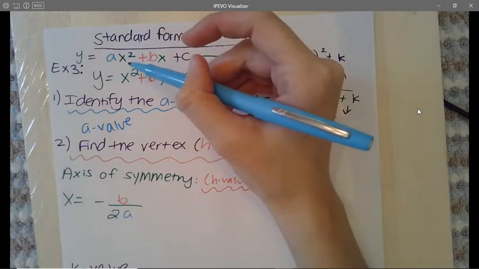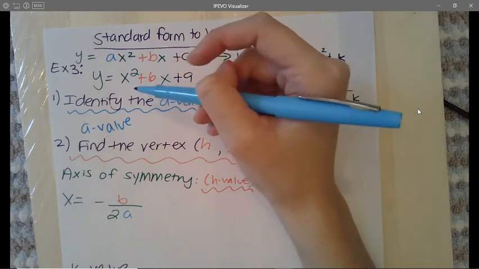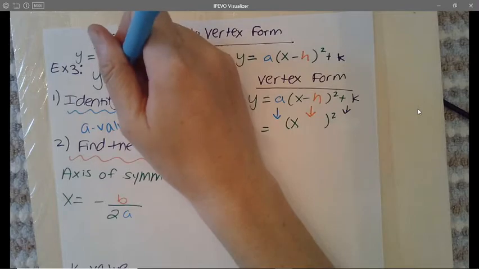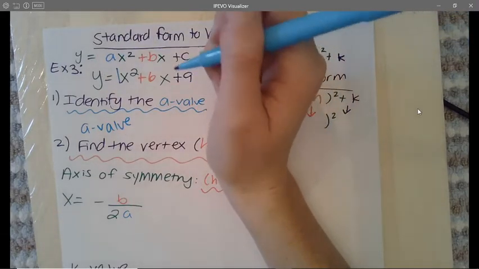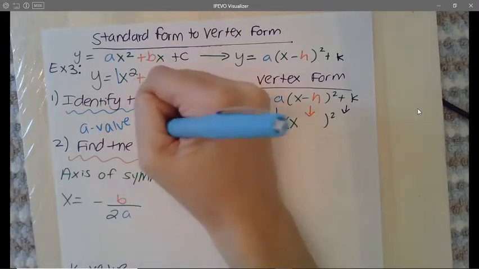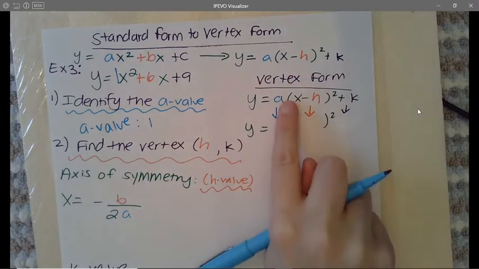If you don't see a number in front of the x squared, which currently I don't see one, remember there's a secret little ninja in front of it called 1. So my a value is 1, which means in vertex form, the a value is also going to be 1.